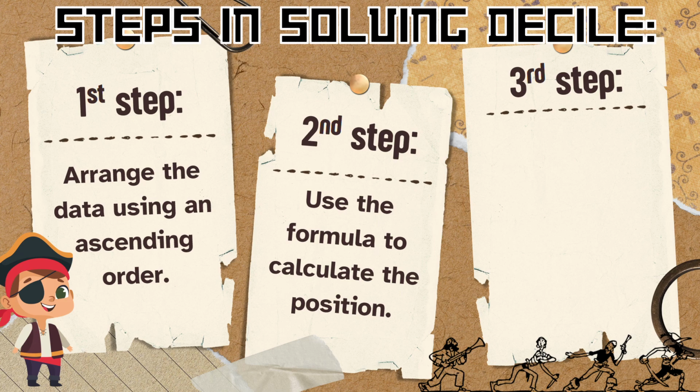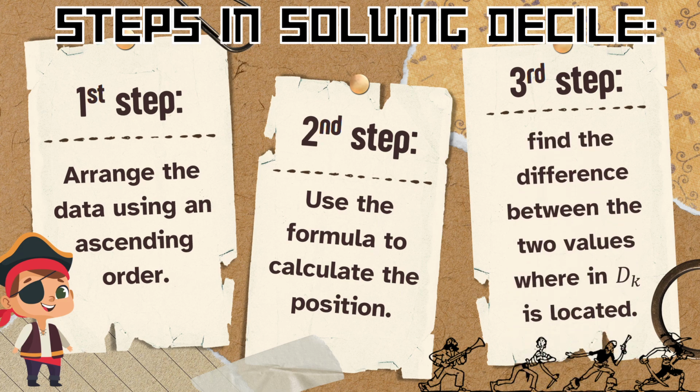Kapag whole number, we will not proceed to the following step. But if our answer has a decimal number, we will proceed to our third step. We will find the difference between the two values wherein D sub k is located. Just for example, our D sub k is equal to 4.6. So the 4.6 position is between the fourth and fifth position.